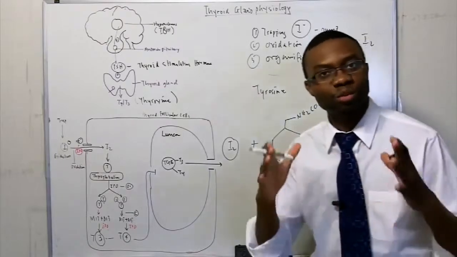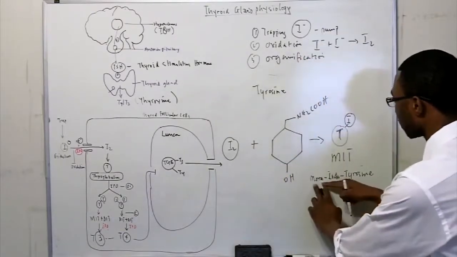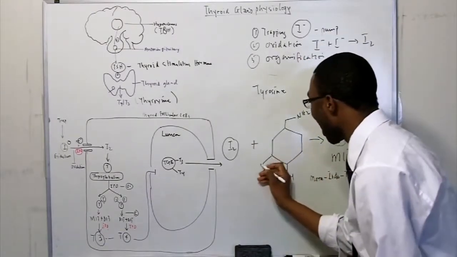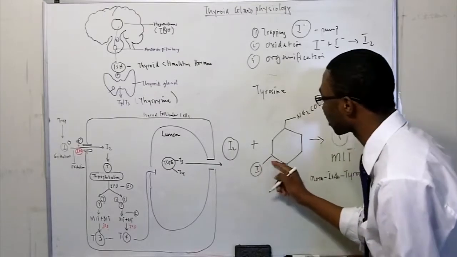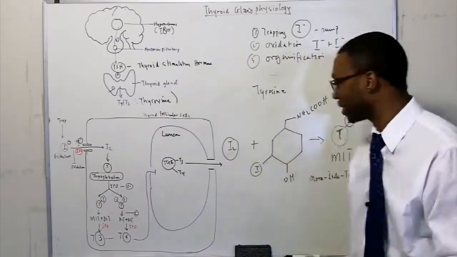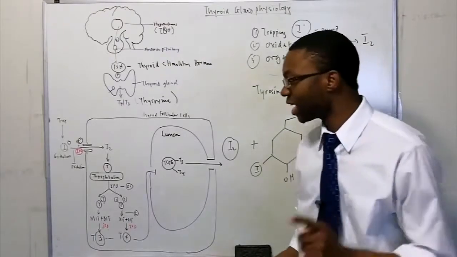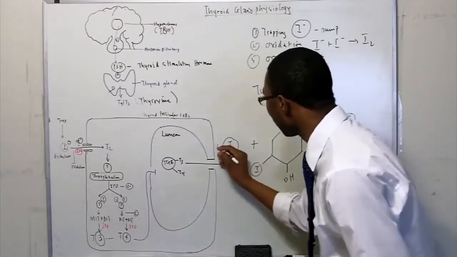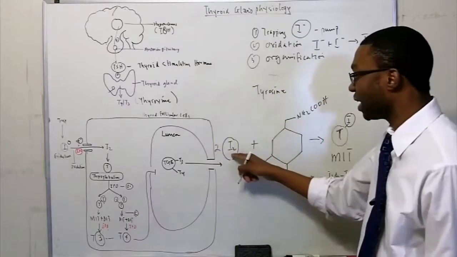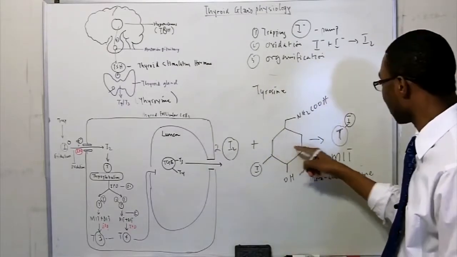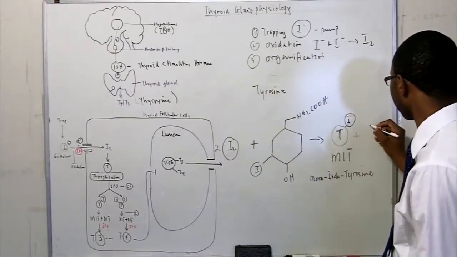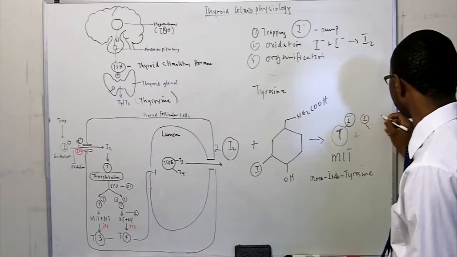Remember in medicine I always tell us to break the words into three? Mono means one, iodo means I'm adding one iodine molecule to the amino acid. Now I have MIT. Guess what? We can also add two iodine molecules to the tyrosine molecule.